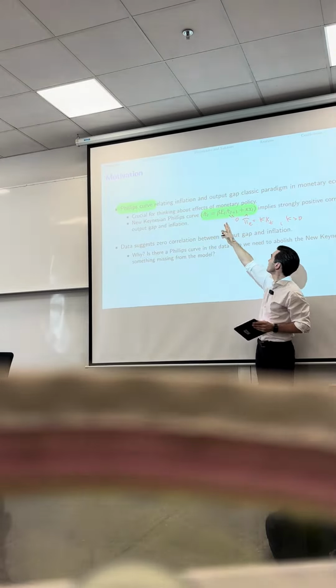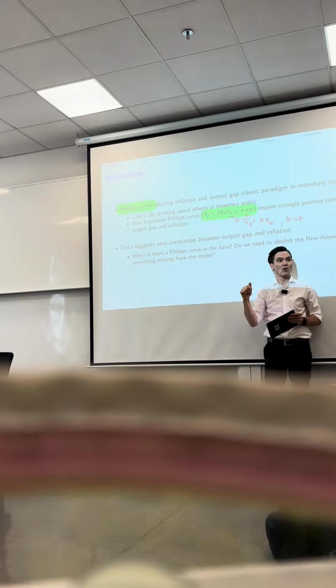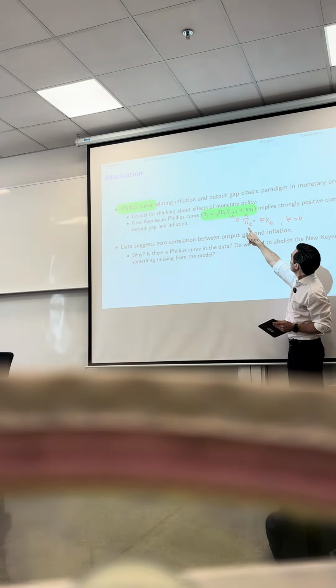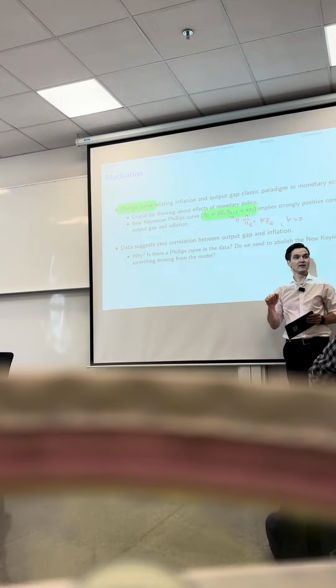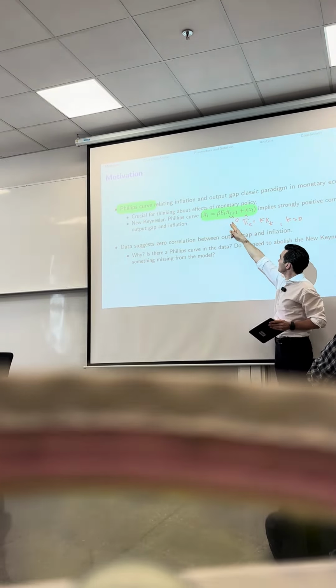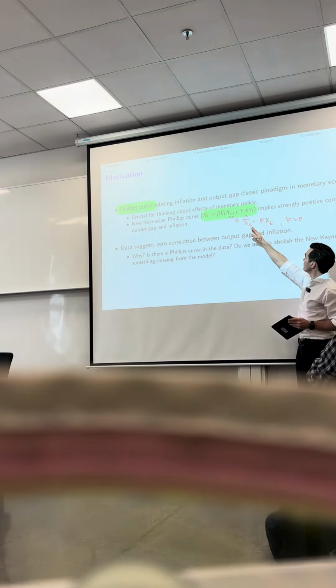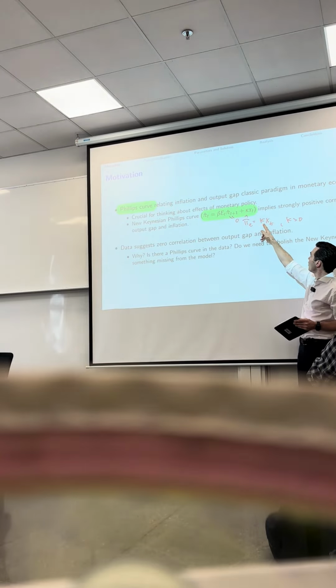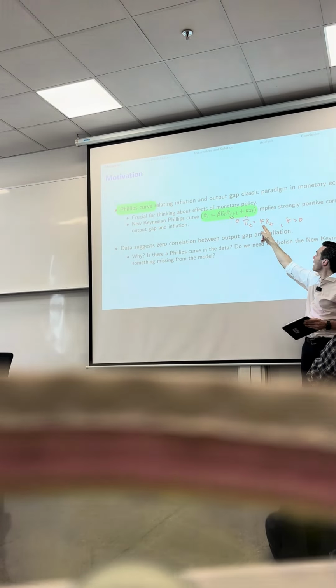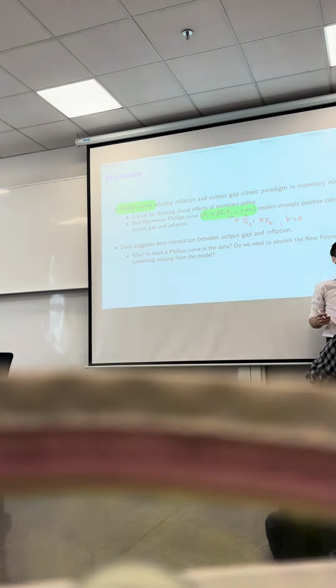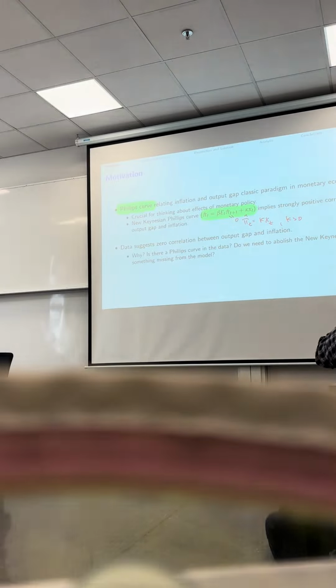So set this expression to zero for a moment. The resulting Phillips curve then looks like this. When you drop the expectations term, inflation is a function of the output gap, where kappa is a positive parameter. And there you see already the big problem.